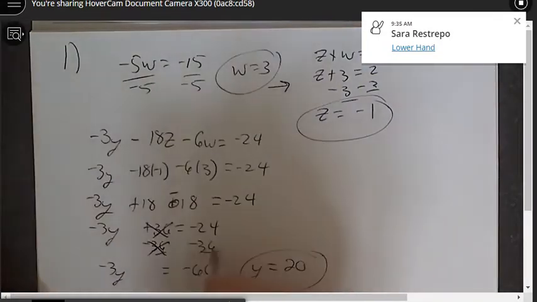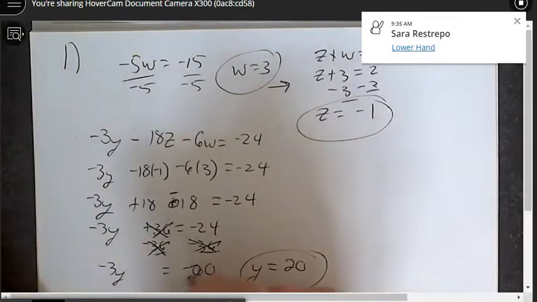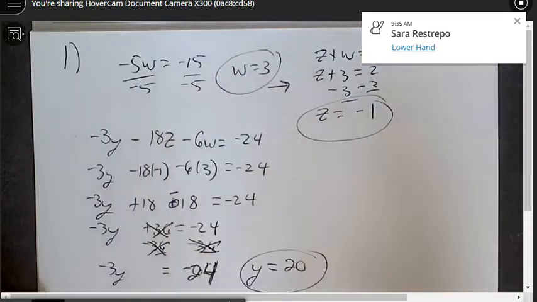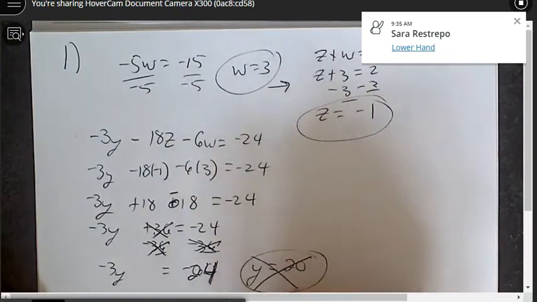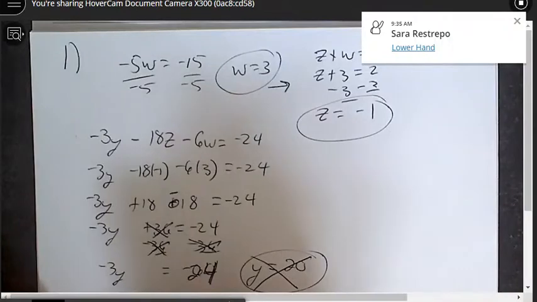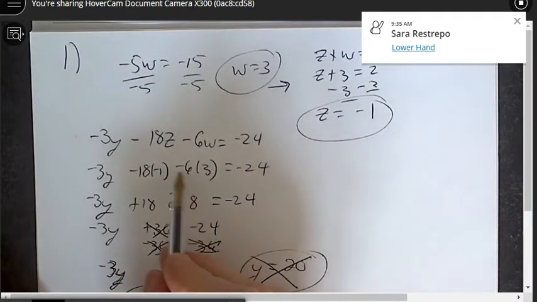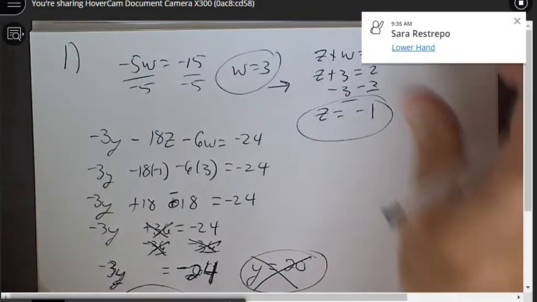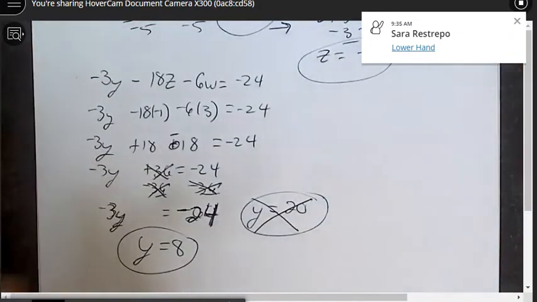So that's negative 3y equal to negative 24. Okay, so that would be y equal to 8. Thank you for catching that. Yes, that was negative 6 times 3. That would have been a negative 18 there. Sorry about that. I forgot my reading glasses, so I'm trying to pay attention. I missed that one little sign there.